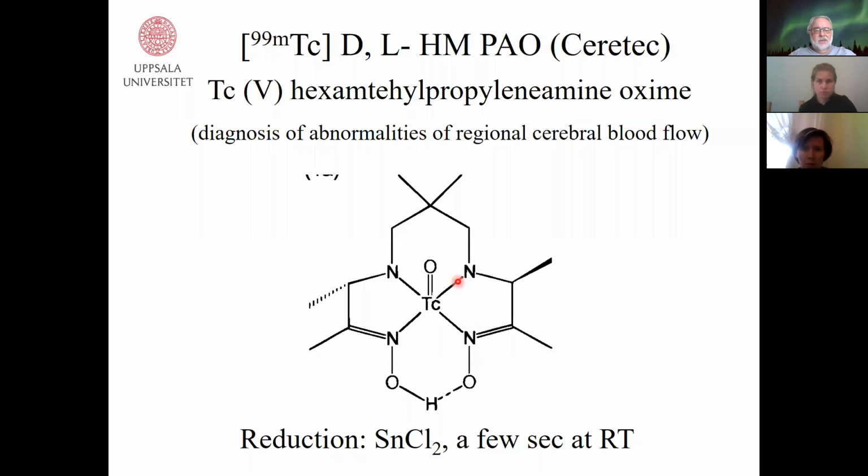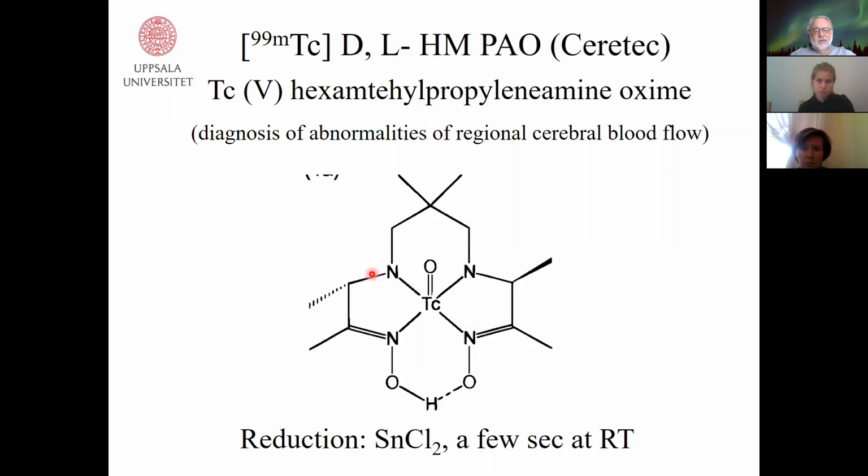So in this case, we are using an N4 complex, nitrogen in the equatorial plane, oxygen protruding above, and you could see that there are plenty of aliphatic carbons around.